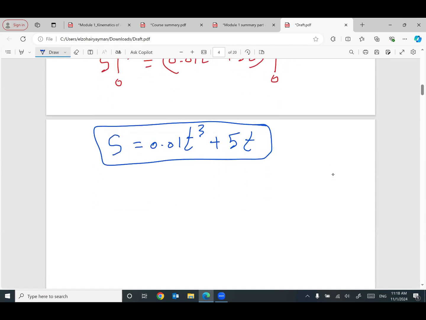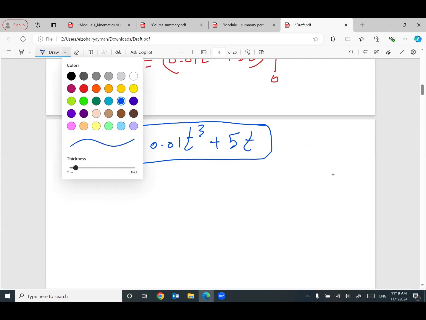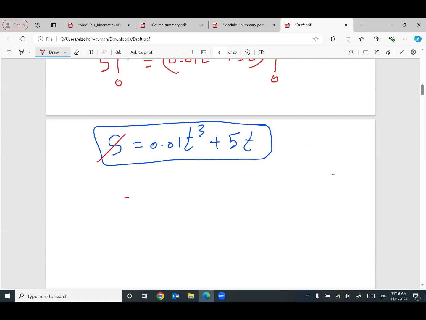So keep in your mind, we are going to figure out the velocity and the acceleration when you travel distance s equals 628.3. If you put here this value for s, 628.3, this equation will have only one unknown, which is the time.